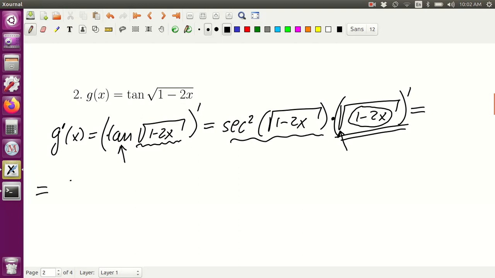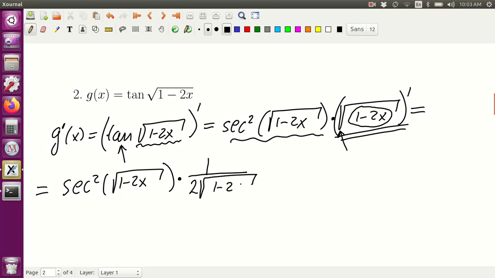So we keep going, we rewrite secant squared of the square root of 1 minus 2x times the derivative of the square root. We know the derivative of the square root is 1 over 2 square root of 1 minus 2x, and the chain rule tells us to multiply by the derivative of the inside function, which is the derivative of 1 minus 2x.